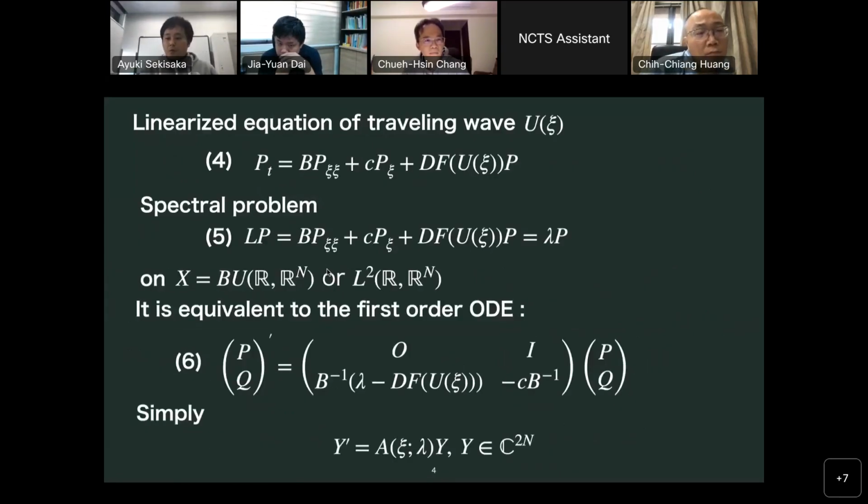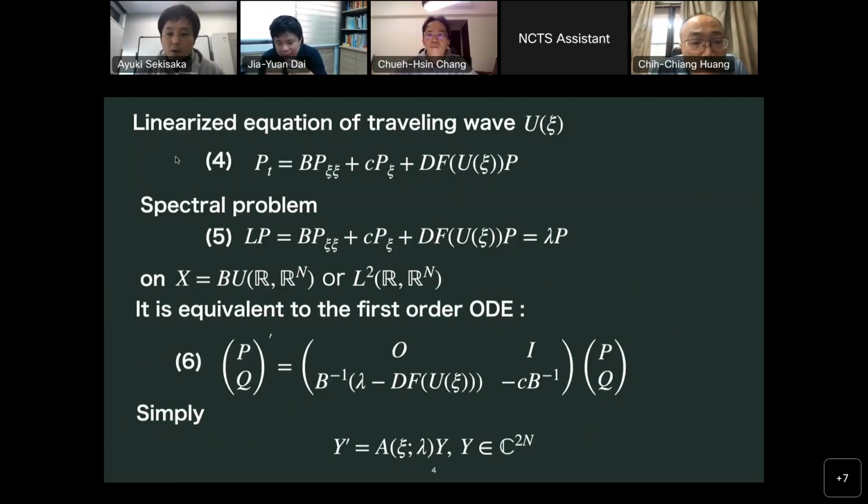Suppose we have traveling waves for equation 1. Next we consider the spectral stability of the traveling waves. We consider the linearized equation around the traveling waves, equation 4.